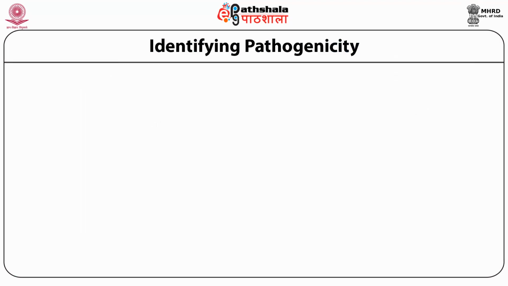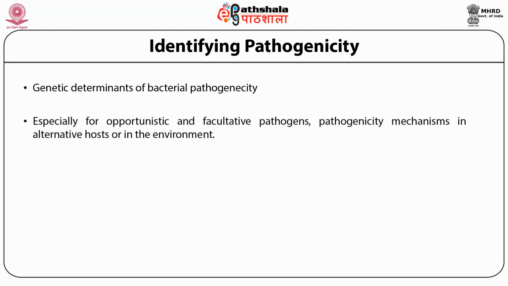Over the last several years, molecular and genetic strategies have been developed to identify genetic determinants of bacterial pathogenicity, especially bacterial virulence determinants. Genetic determinants of bacterial pathogenicity are important to identify which pathogen it is and what the virulence of that pathogen will be. Especially for opportunistic and facultative pathogens, pathogenicity mechanisms in alternative hosts or in the environment are important to identify the pathogen.